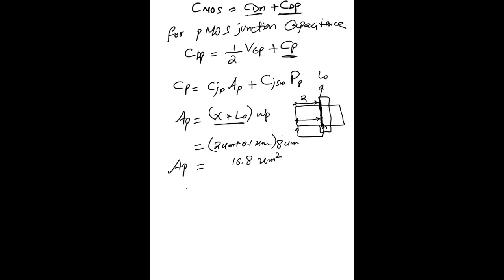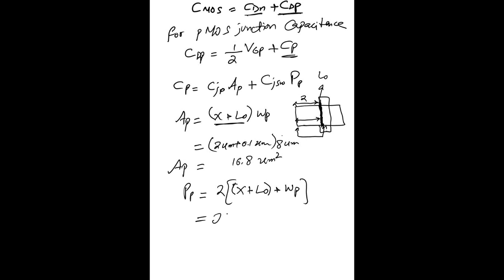Then we have to find the parameter value PP. This is equal to 2 into (X plus L0) plus WP.